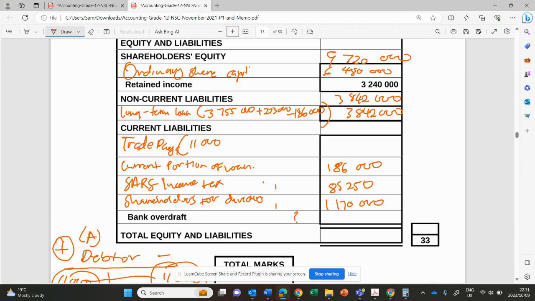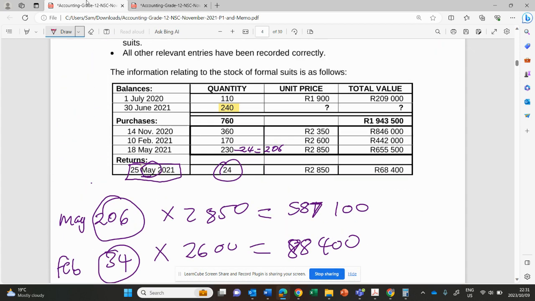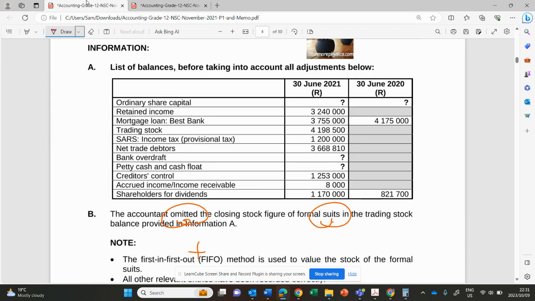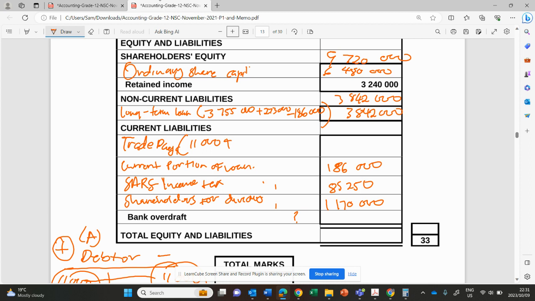Let's finalize the trade payables. For the trade payables, we only included the transfer. So now let's get the trade creditors, or creditors control. Creditors control is 1,253,000.